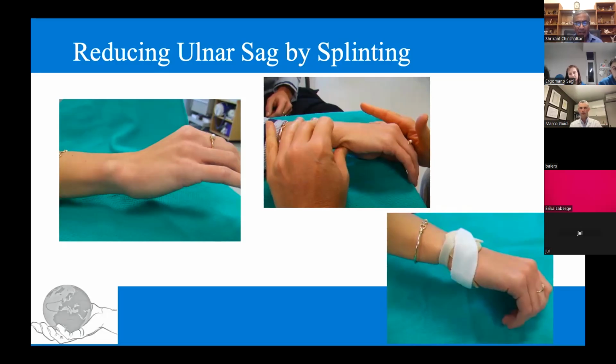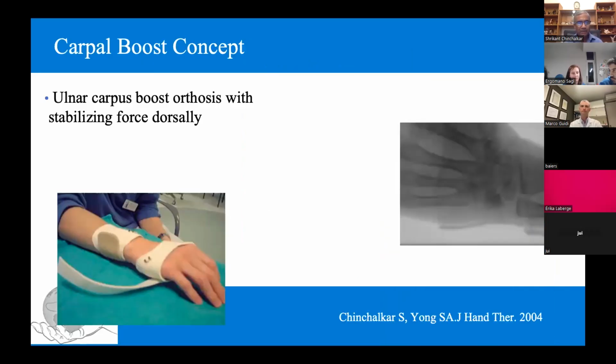However, I personally do not favor this, because this splint is quite uncomfortable at the level of the ulnar head due to the material rigidity and the possibility of skin breakdown and skin irritation and so on. Having used this splint in patients often complaining about the discomfort, we came up with this particular splint design.